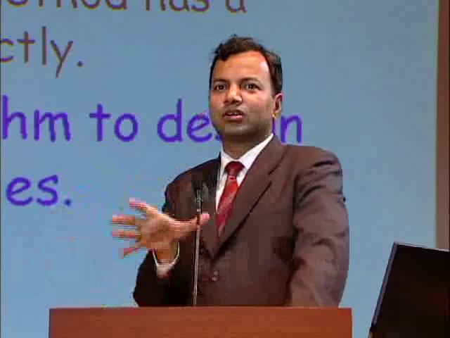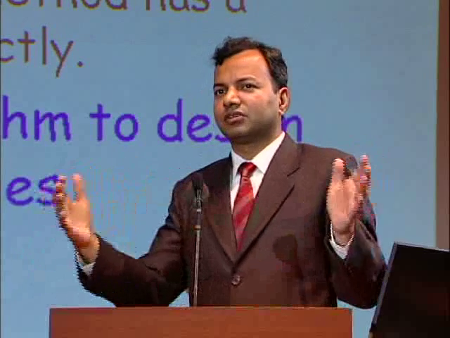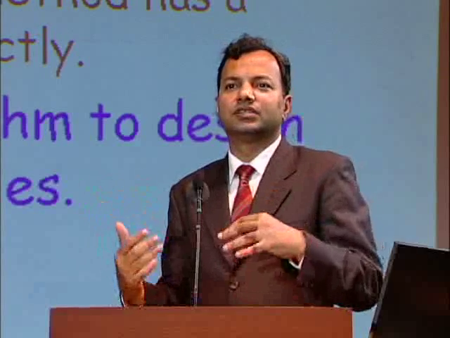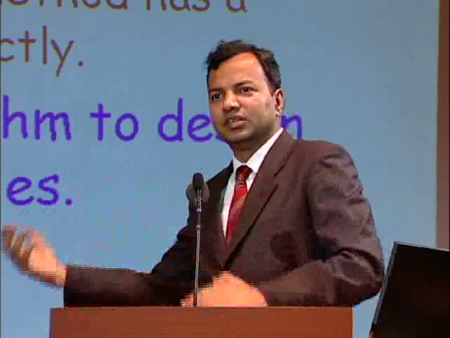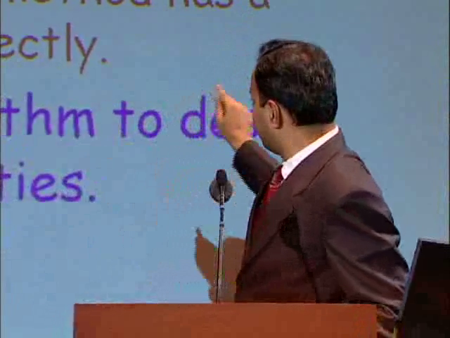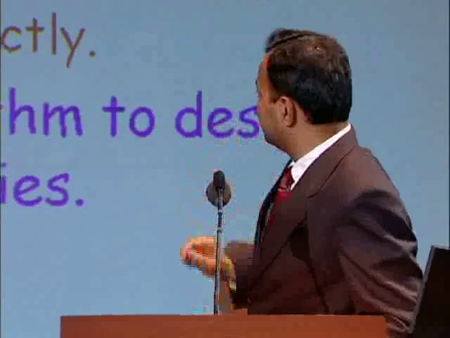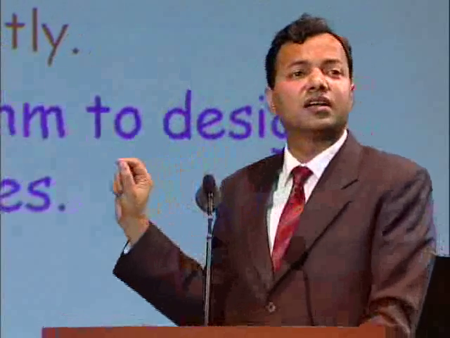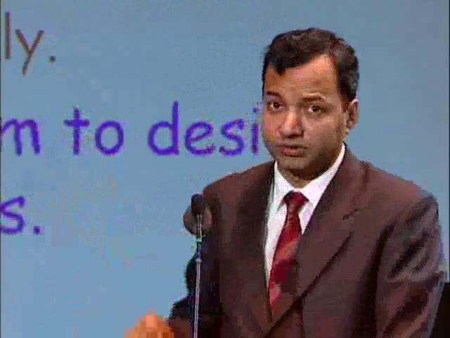Since it is tossing random coins, there is a certain probability associated with the output of the method. And that is what I mean when I say that the method has a small chance of deciding incorrectly, that there was a small probability that the method will go wrong. But only when n is composite. If n is prime, it is always correct.